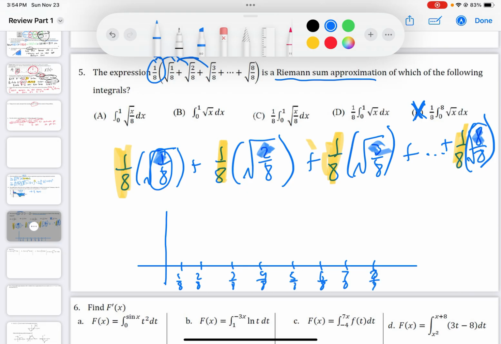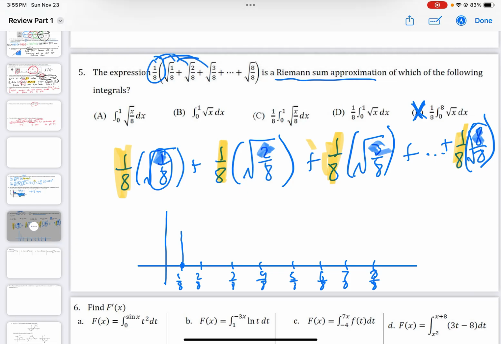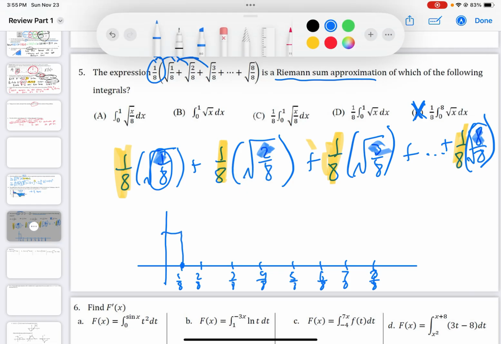This would be 8/8, which is 1. So it's function value at 1/8, and then the width is 1/8. Then function value at 2/8, I'm just pretending it's that, and the width is 1/8.